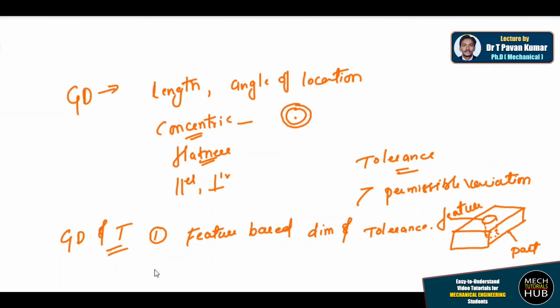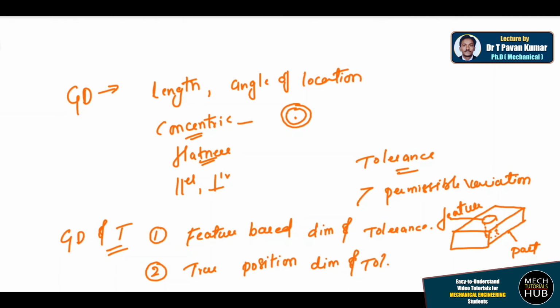All right, and secondly, GD&T can also be called true position dimension and tolerancing, the other name. I'll just keep it as TOL, tolerance.